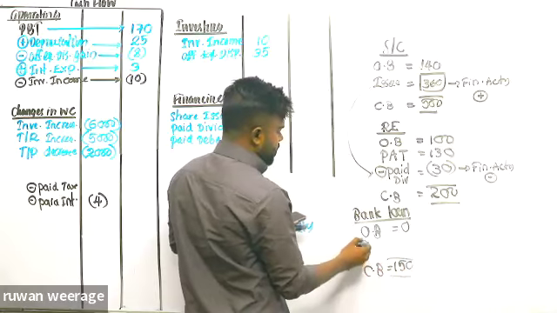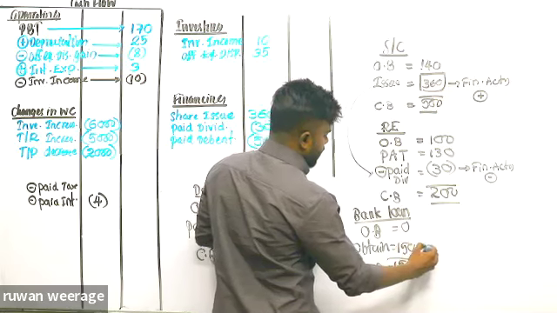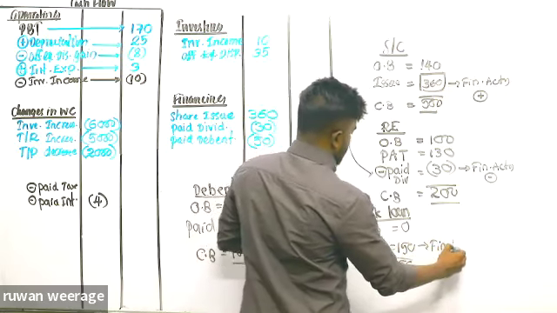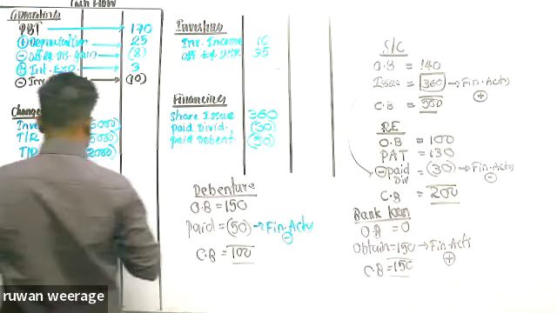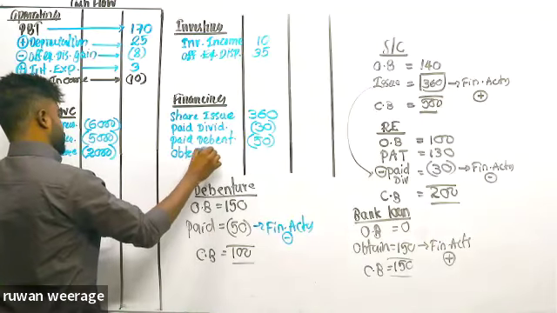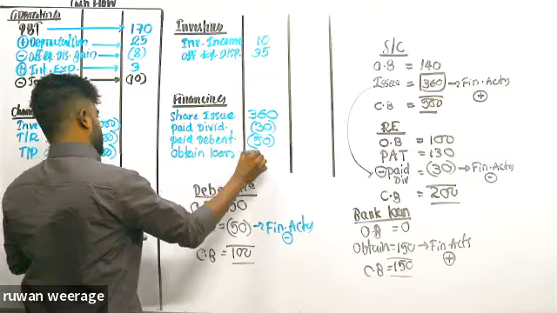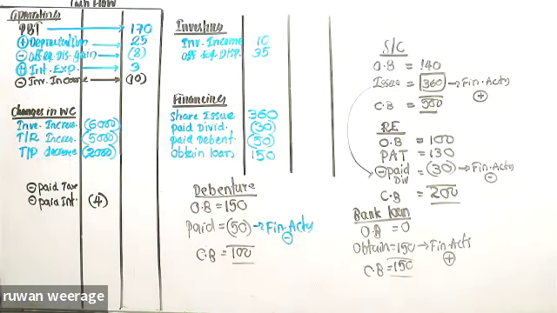Why bank loan increase? Because of bank loan obtained 150. Financial activity, cash inflow. Right, that's all. Everything is ticked.